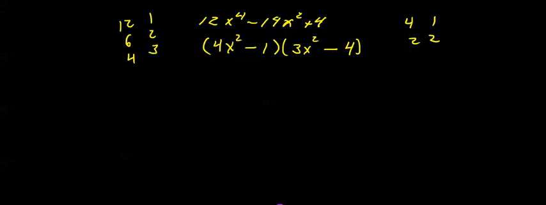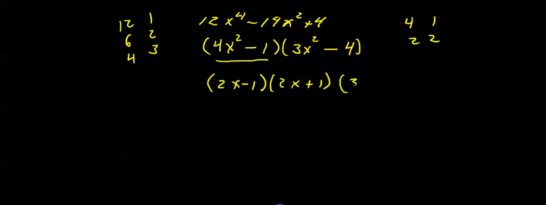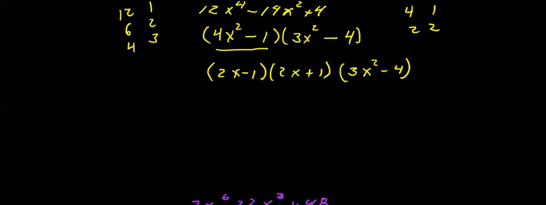Nope. Can I factor this? Yes, I can. Perfect square, perfect square. We can factor that: 2x minus 1, 2x plus 1, and then we have 3x squared minus 4.